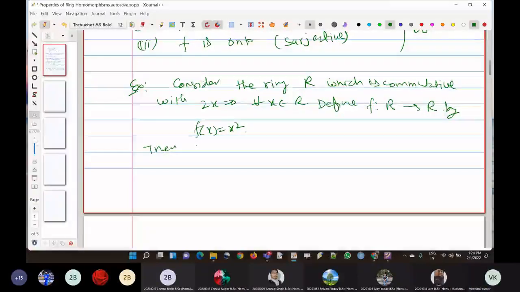Then f is a homomorphism. The question is, is it an isomorphism?